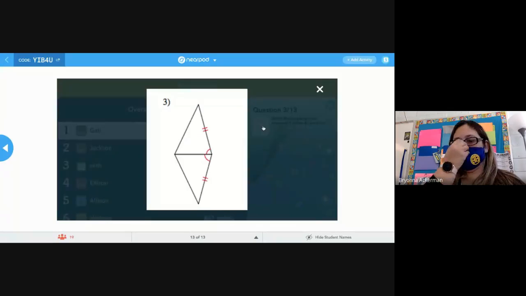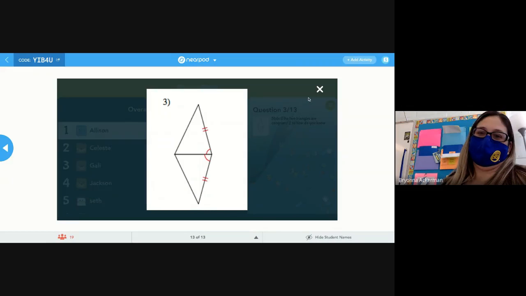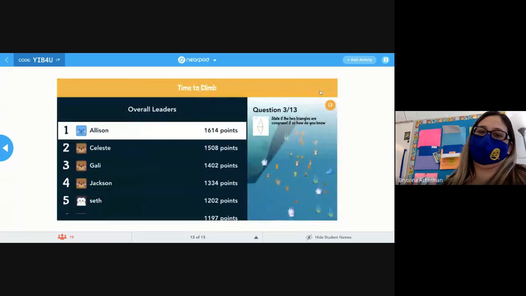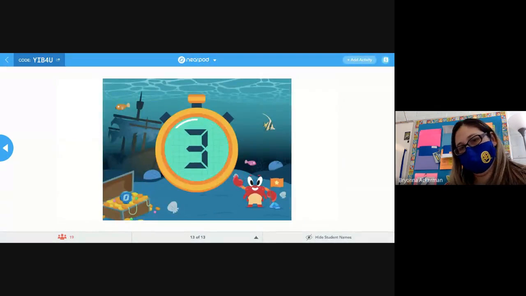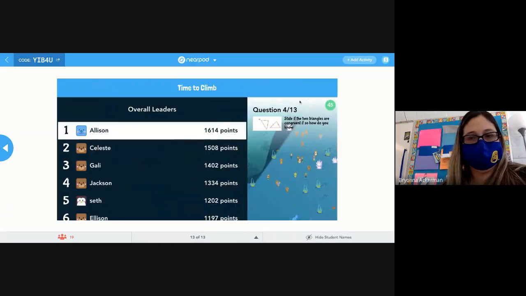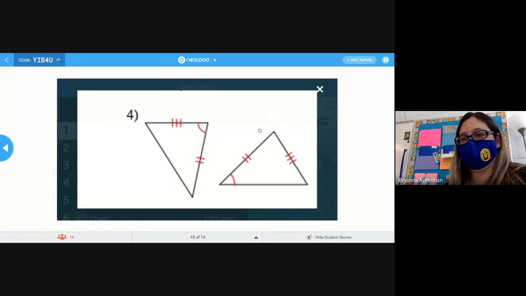Are these two triangles congruent? If so, how? Side, angle, side. It has to follow that pattern in both triangles. Okay, state if these two are congruent.